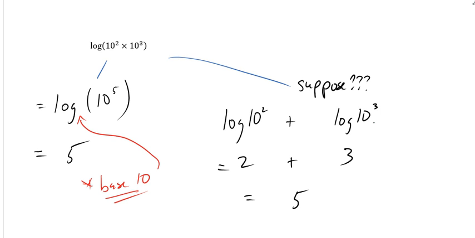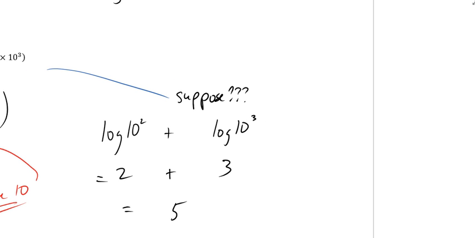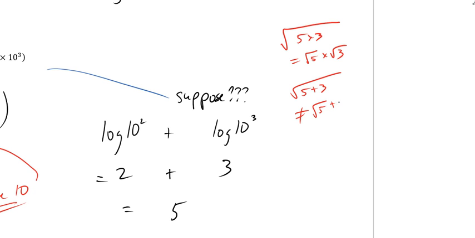Sometimes we think we can do things when we can't. So for example, the square root of 5 times 3 does equal the square root of 5 times the square root of 3, but the square root of 5 plus 3 does not equal the square root of 5 plus the square root of 3.